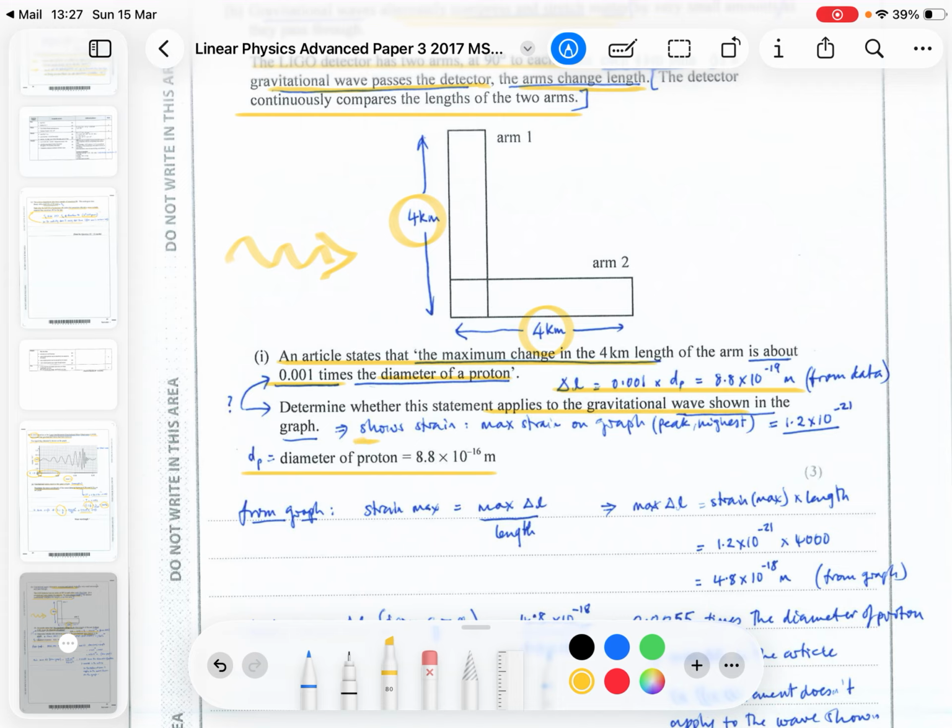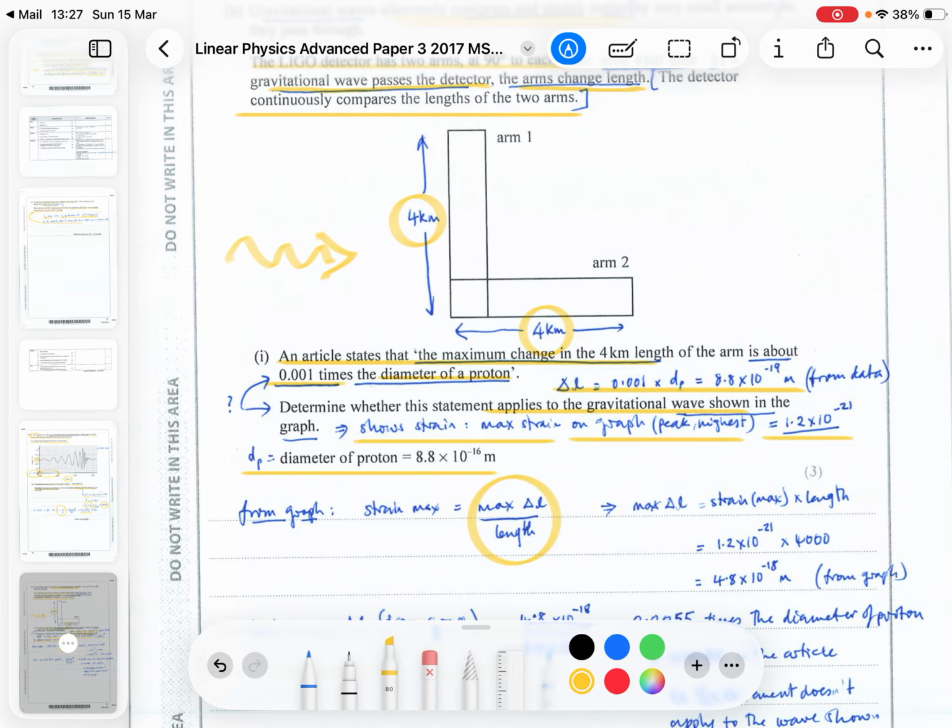The graph shows strain, and the maximum strain in the graph will give the maximum change in the length. The maximum strain given on the graph I work out as 1.2 times 10 to the minus 21. Remember, strain doesn't have a unit. It's the ratio of delta L, change in length, over length.